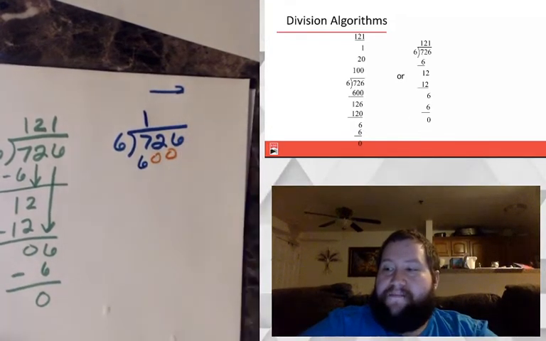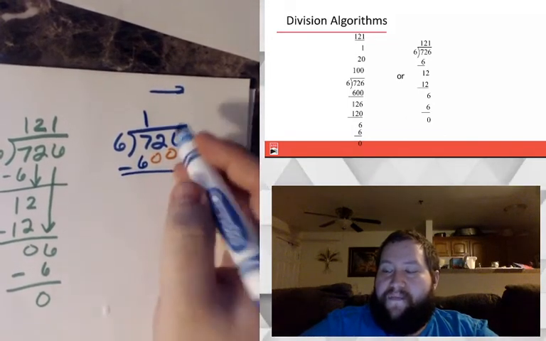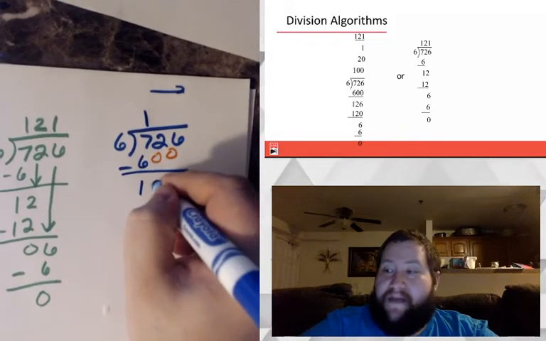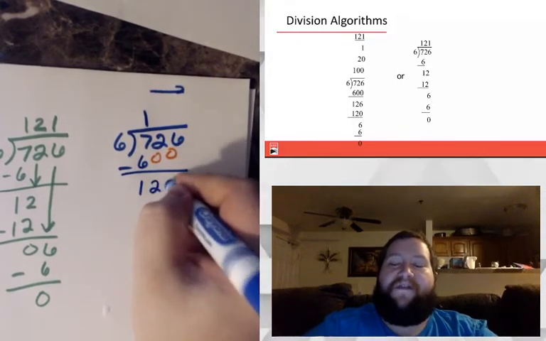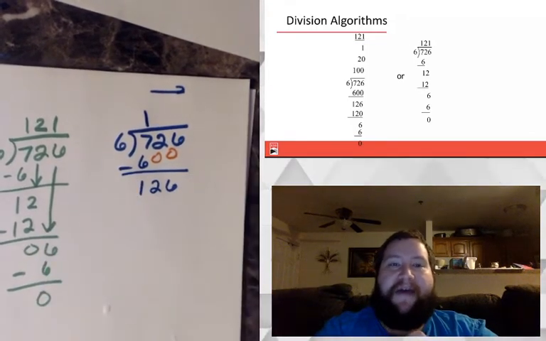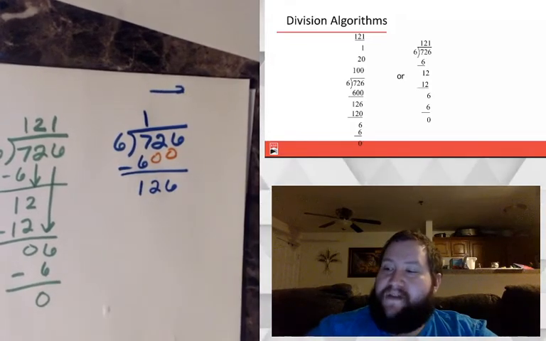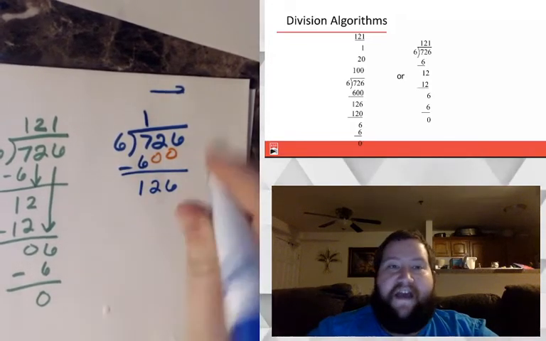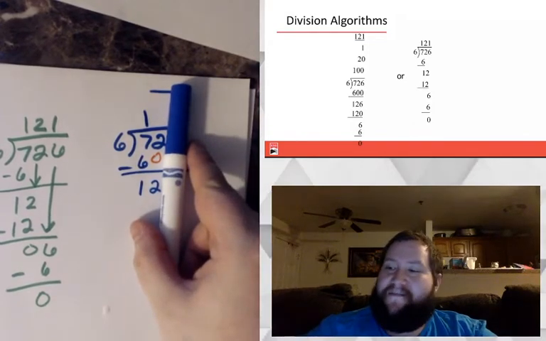We subtract. We have 100. And then we really have 126. And then we're like, okay, so we did all of our 100 6s we could. How about our 10 6s? Well, if I only look at those digits, I can fit 2 60s in there.